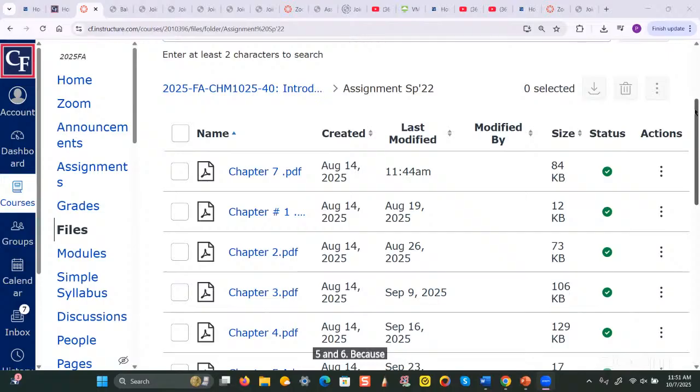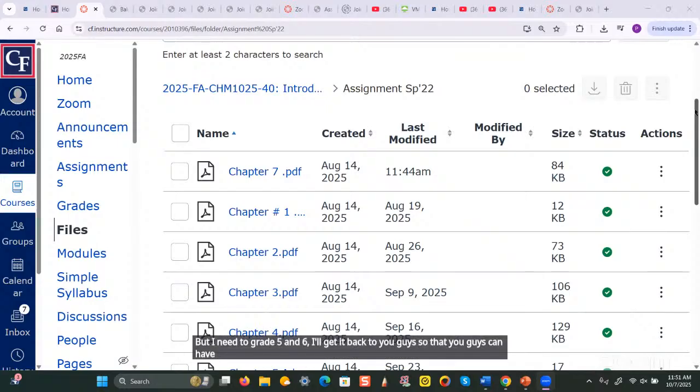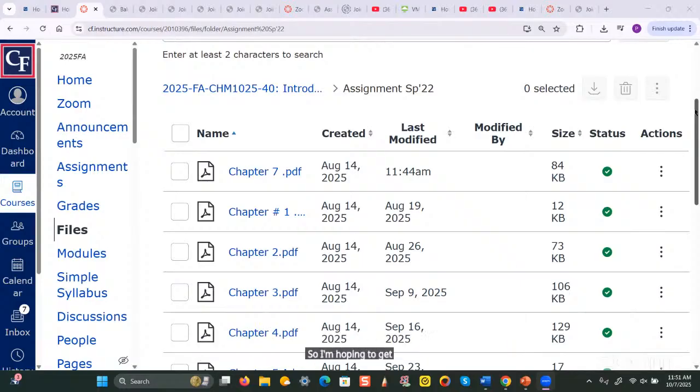Because the next test will be based on chapters 4, 5, and 6. However, I've already graded 4, but I need to grade 5 and 6 and get it back to you guys so that you guys can have it to review. So I'm hoping to get that back graded by the end of this week.